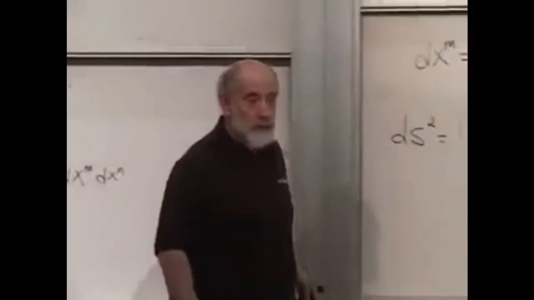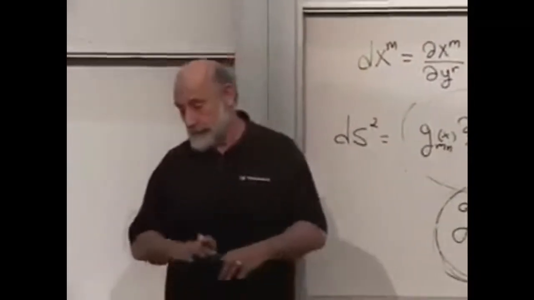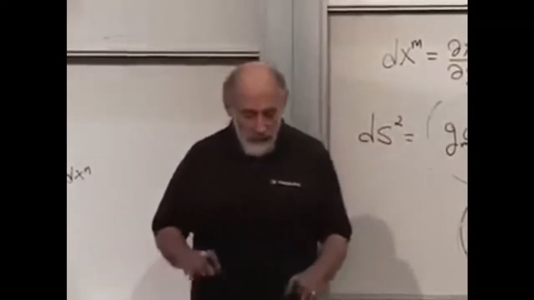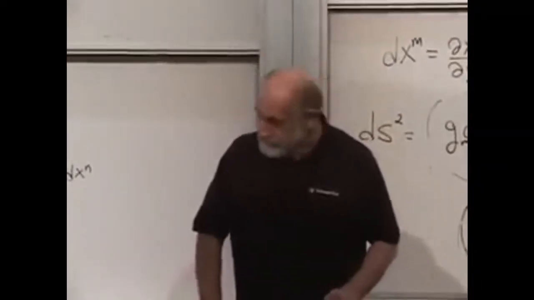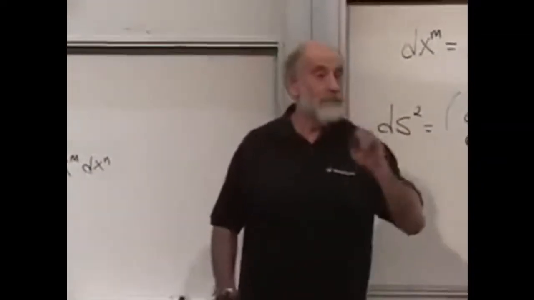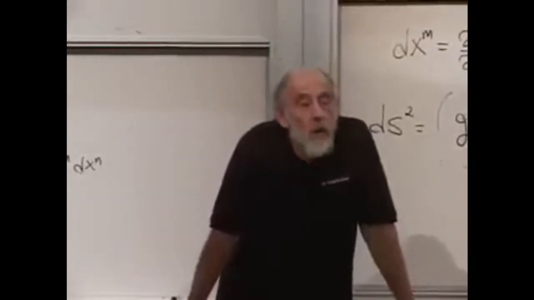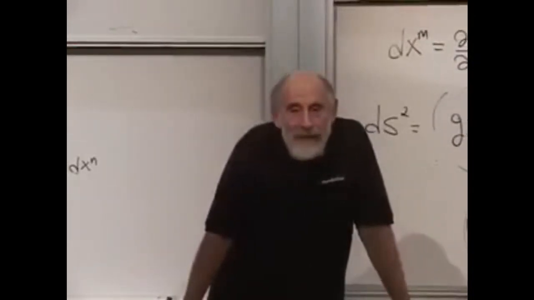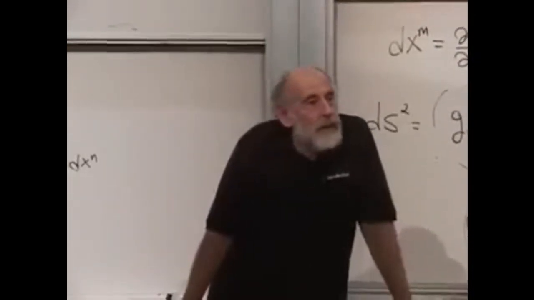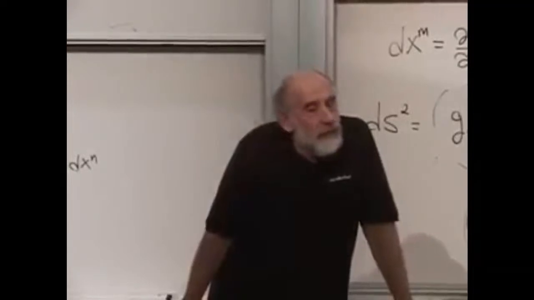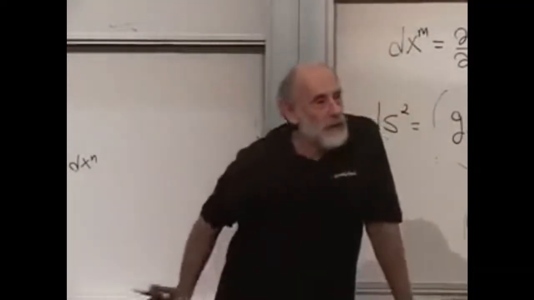So a space can be locally flat, flat in some region, but that doesn't mean it's flat. It can always be flattened in an infinitesimally small vicinity of a point.